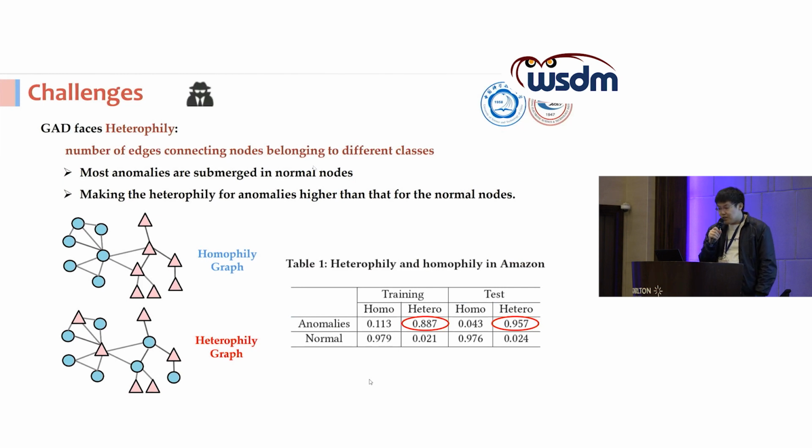Unfortunately, in graph anomaly detection scenarios, most anomalies are submerged in the normal nodes, which makes the heterophily for anomalies higher than that for the normal nodes. As can be seen from Table 1, the anomalies have a quite larger heterophily than the normal nodes.